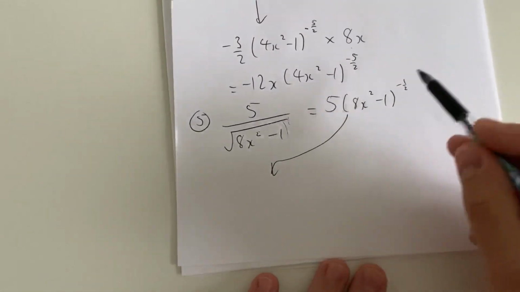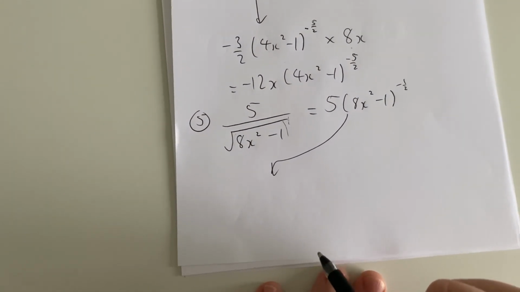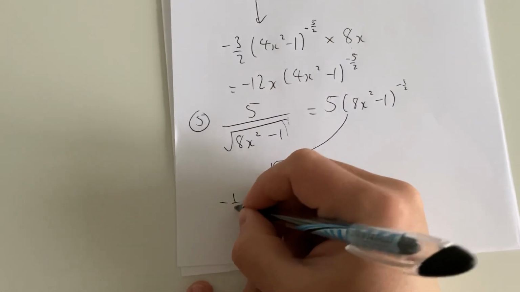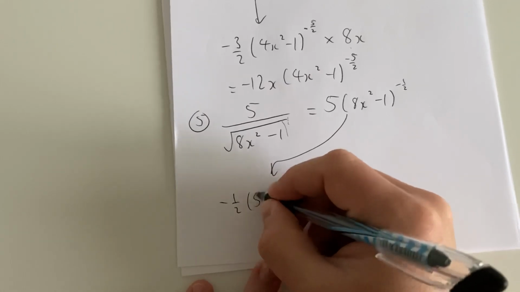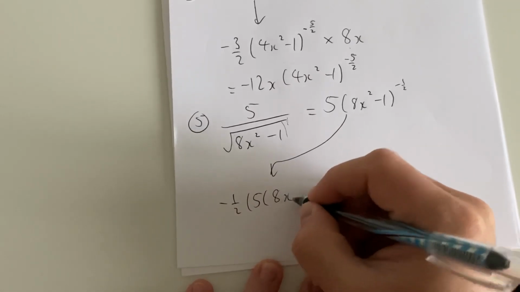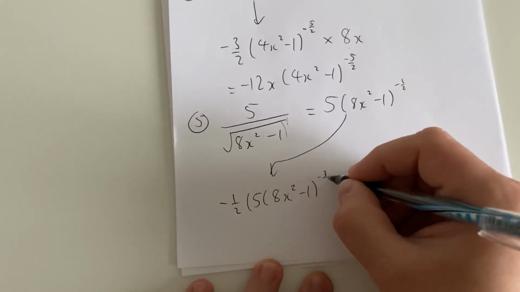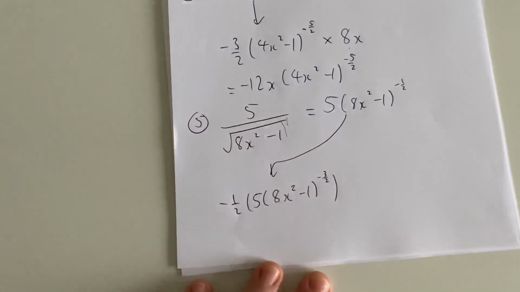So then if we differentiate this, if you multiply by the power, so minus a half times by 5, 8x squared minus 1 to the minus 3 over 2.